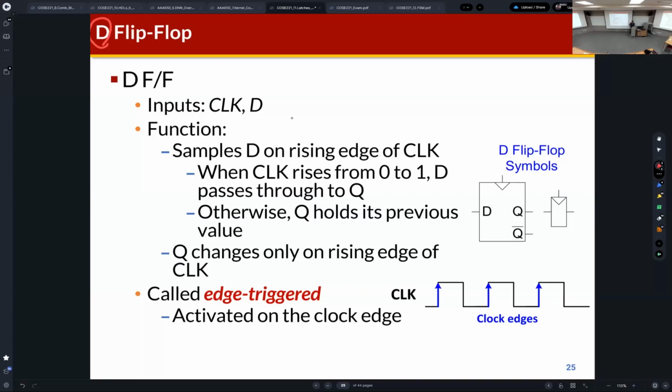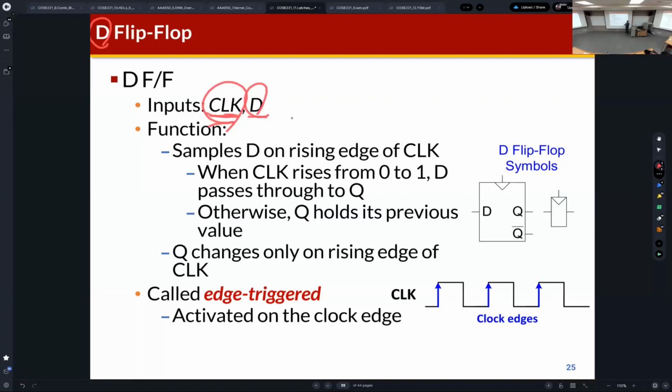So you need to understand the differences between the D flip-flop and the D latch. There are two inputs, the clock signal and the D input, and the meaning of D and clock is the same.